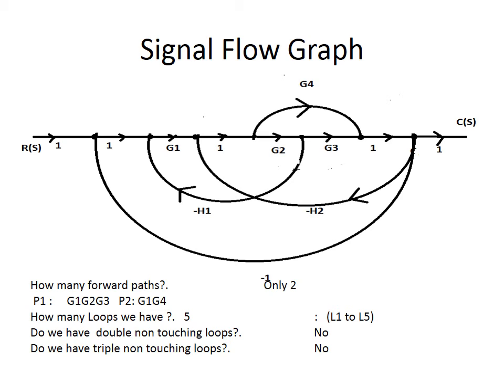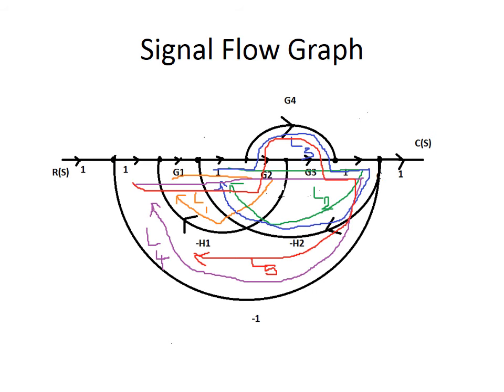How many loops do we have? Let us check it out. So we have 5 loops, with L1 as G1, G2 and minus H1. And then we have L2 as G2, G3 minus H2.